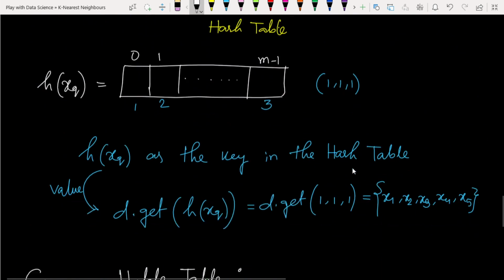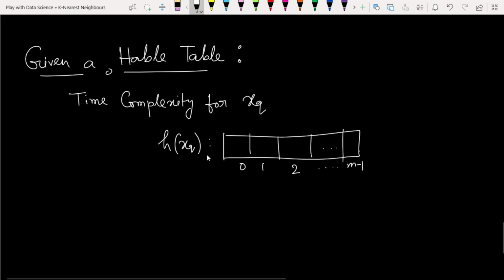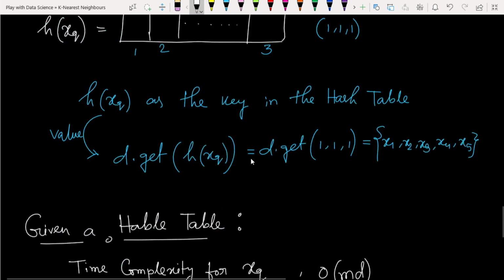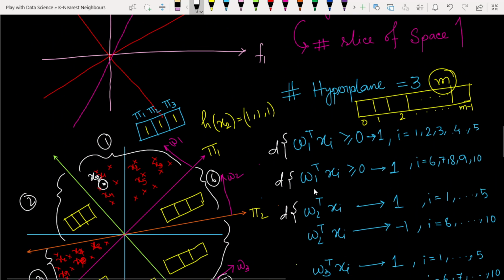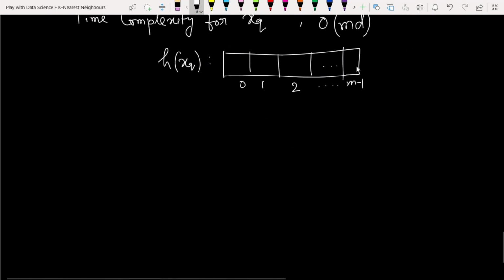So the order of our time complexity for calculating this hash value is order of md. For each point, if it is a d-dimensional point, for one query point we require d operations, for m such planes we require md, so its order will be order of md.